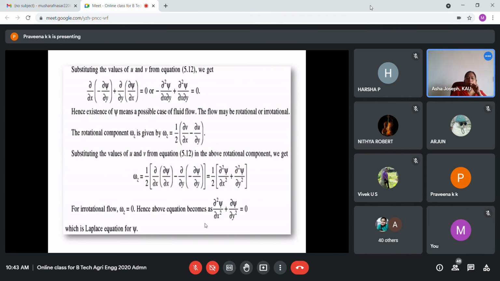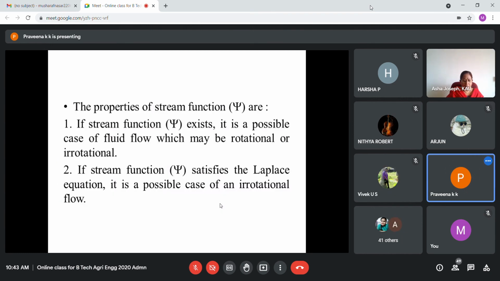And the notations you also have to remember always. Here psi denotes the stream function, and in the Laplace equation, if phi is written, it denotes the velocity potential function. Then the properties of stream function are: if stream function psi exists, it is a possible case of fluid flow, which may be rotational or irrotational.